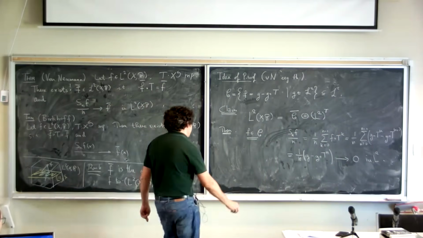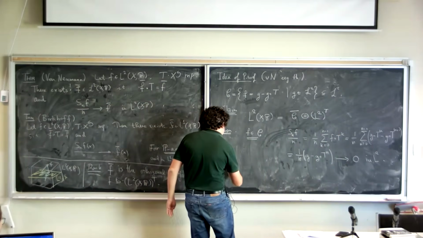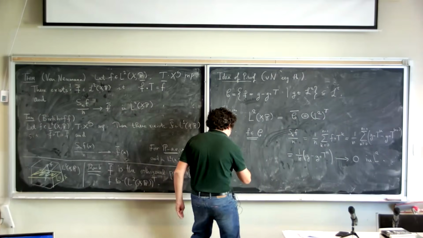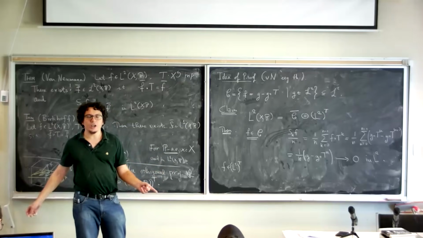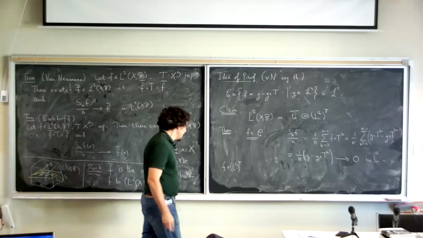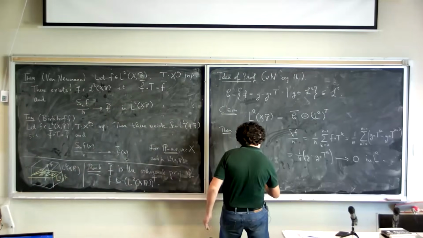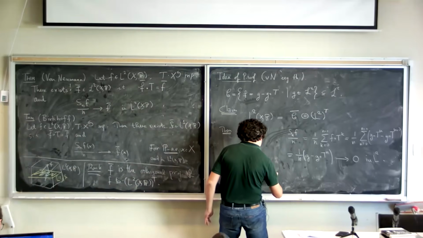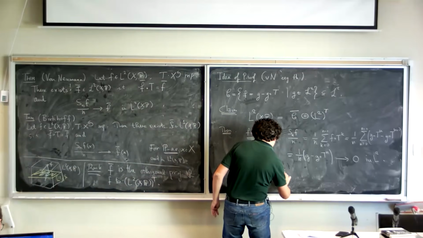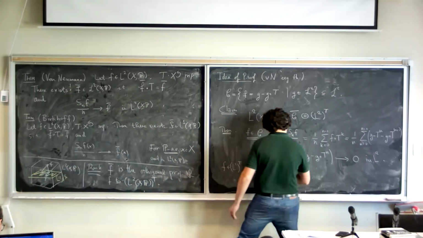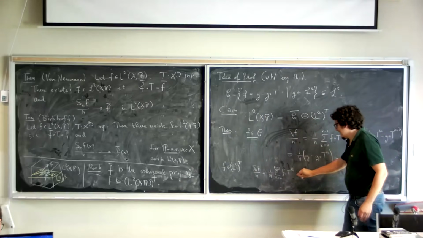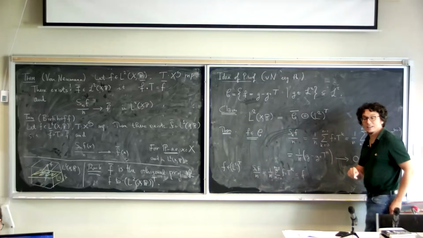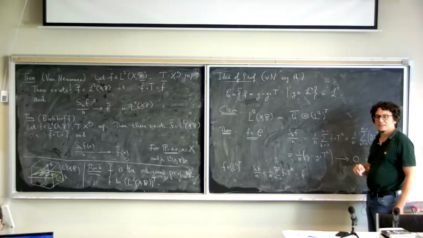On the other hand, if f is already invariant, what happens if you do the ergodic average of an invariant function? You can easily see, right? This is 1 over n sum of f composed with T to the k. But f composed with T to the k is f. So this is just f. Okay.